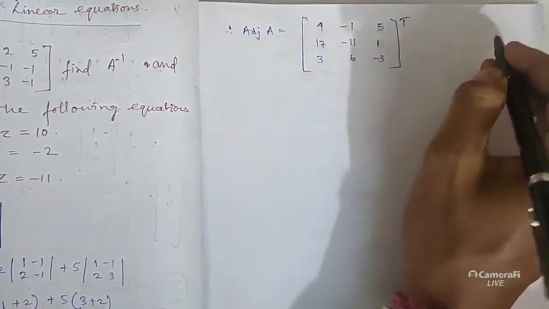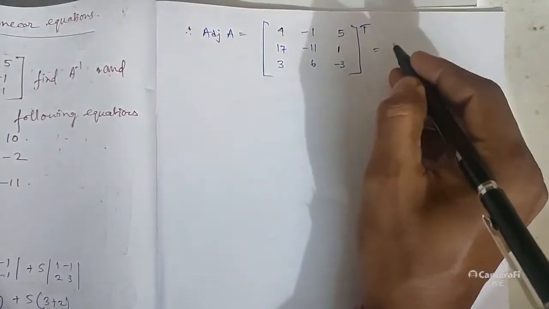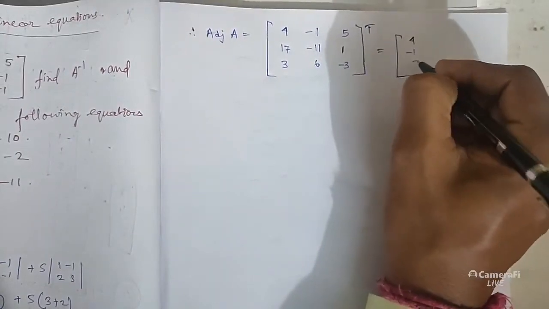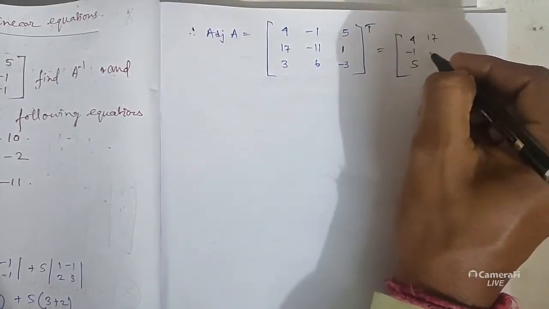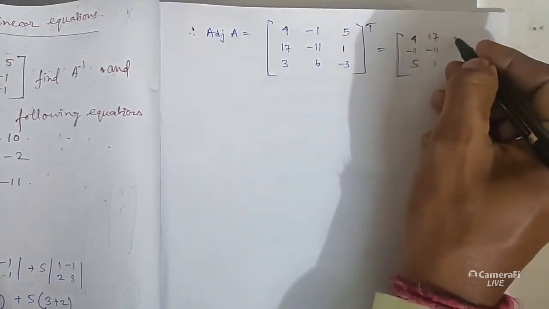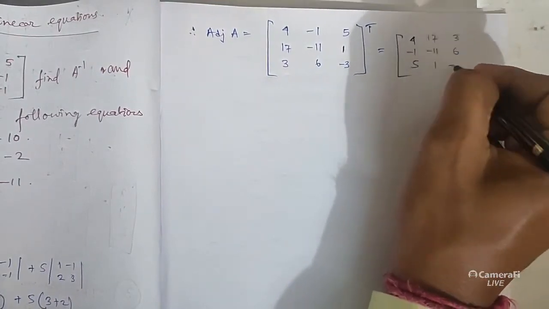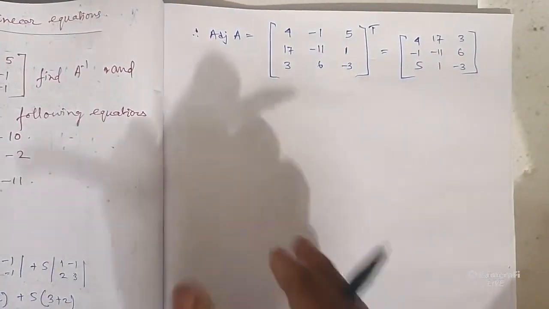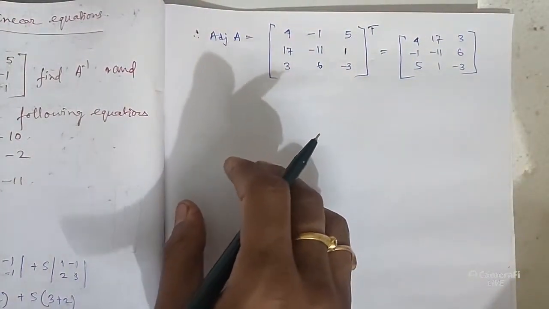Taking the transpose of this, we get [4 -1 5; 17 -11 1; 3 6 -3]. This is adjoint A. Clear? Understood?